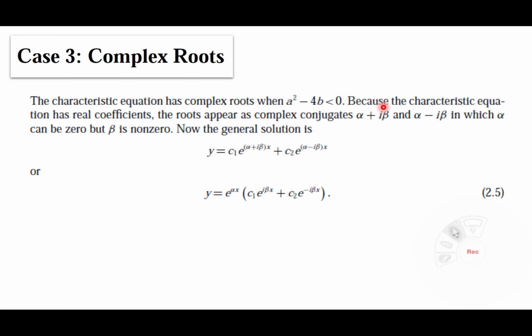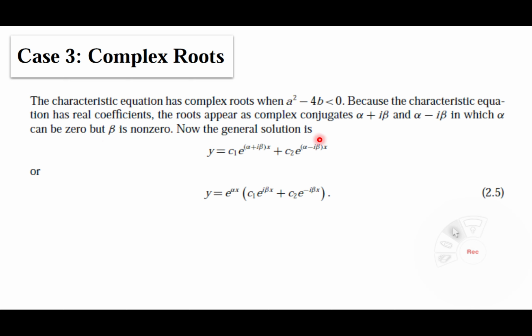Because the characteristic equation has real coefficients, the roots appear as complex conjugates. So we are going to have a complex conjugate pair: alpha plus i beta, and alpha minus i beta, in which alpha can be 0, but beta is non-zero. Remember that well: alpha can be 0, but beta is non-zero.